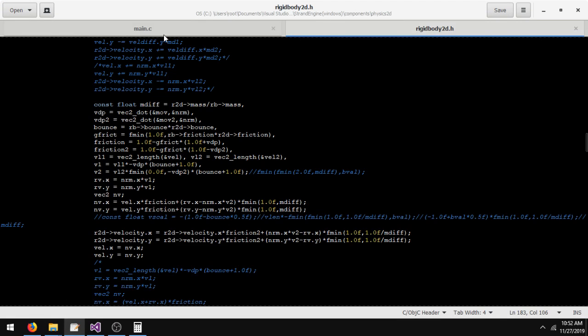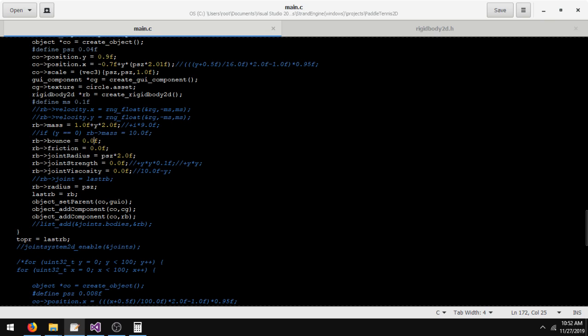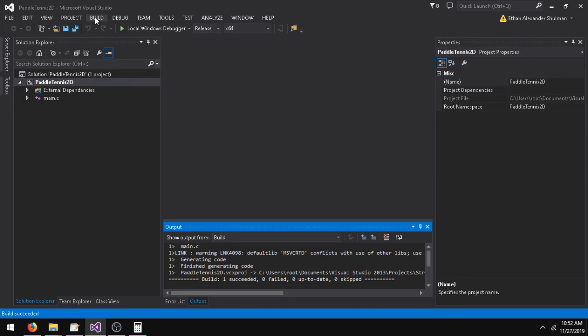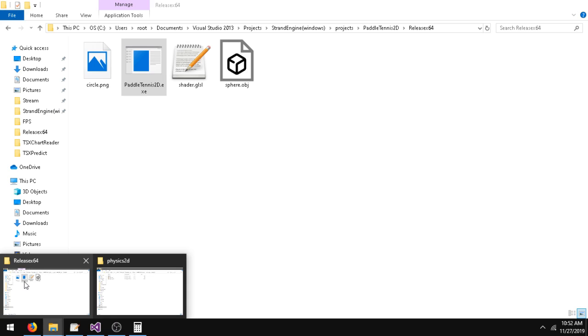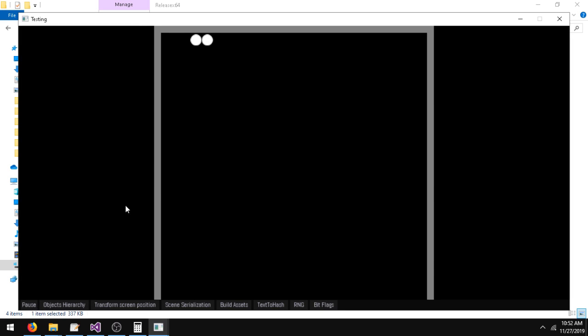I'm going to add a little bit of bounce so that it's easier to move. See if I can get this one to push this one.